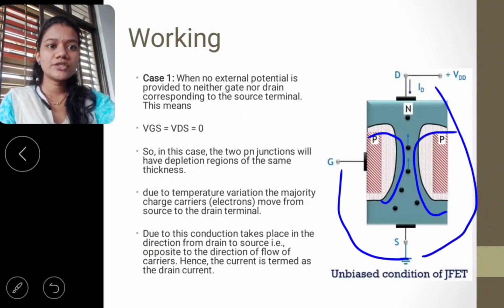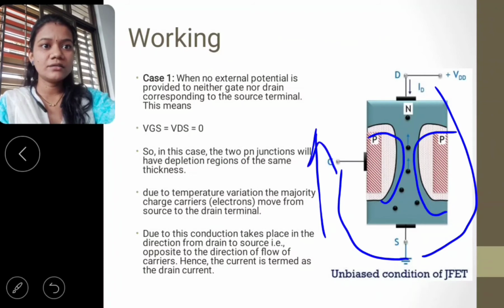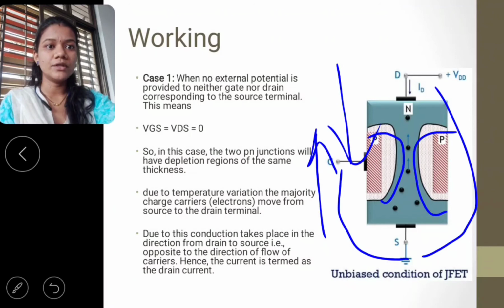Due to this, conduction takes place in the direction from drain to source. As electrons, or we can say majority charge carriers, are moving from source to drain, conduction takes place from drain to source, which is the opposite direction to the flow of carriers.